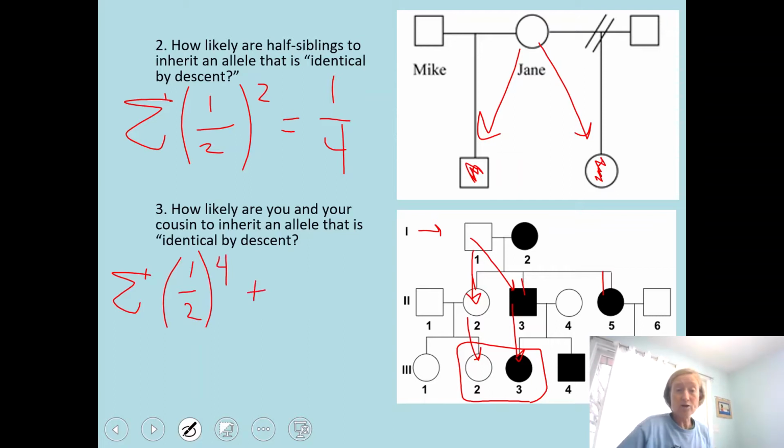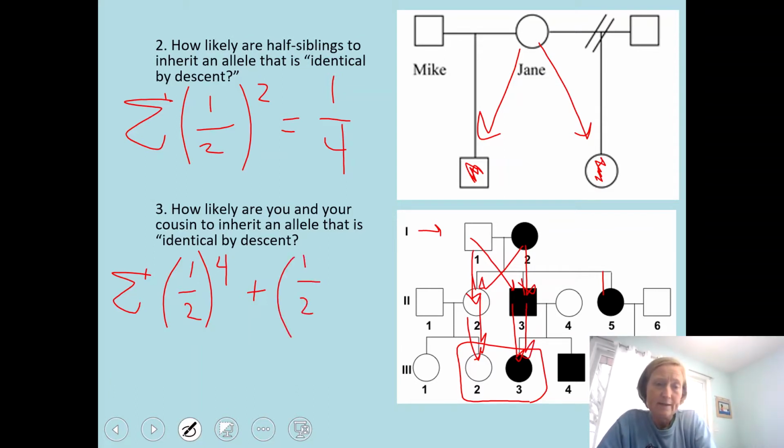Plus, they could also inherit alleles by descent through their grandma, right? And that pathway length is going to be similar in size. So 1/2 raised to the power 4 is 1/2 times 1/2 times 1/2 times 1/2.